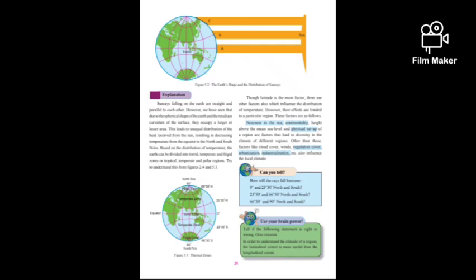And in figure A, the light falls perpendicular and the area covered is less. So less area covered, so there is more heat. As the area is less, more heat is absorbed and the air there becomes hotter.